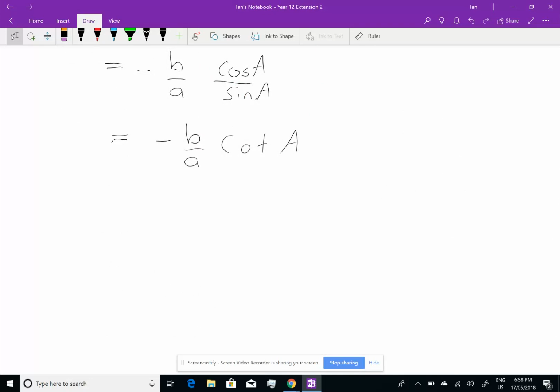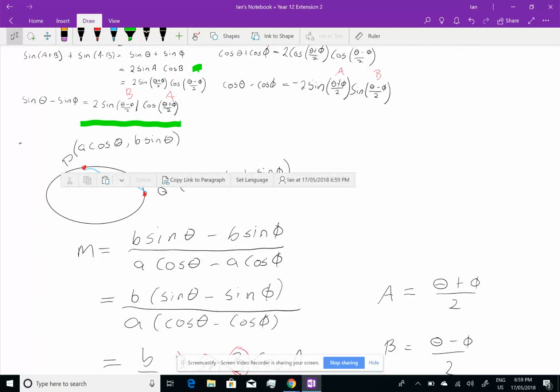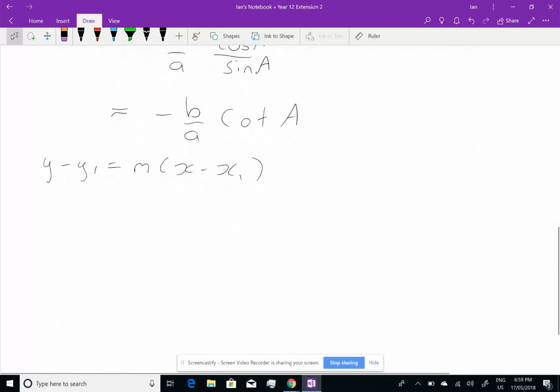So here I go for my equation. Remember, it's y minus y1 equals m outside of x minus x1. So what do we got? Remember, our y values, we can choose whatever we want. So on the ellipse, I'll go for a cos theta and b sine theta. I won't use phi. I could use phi, it wouldn't make any difference, but I'm just going to go with that.